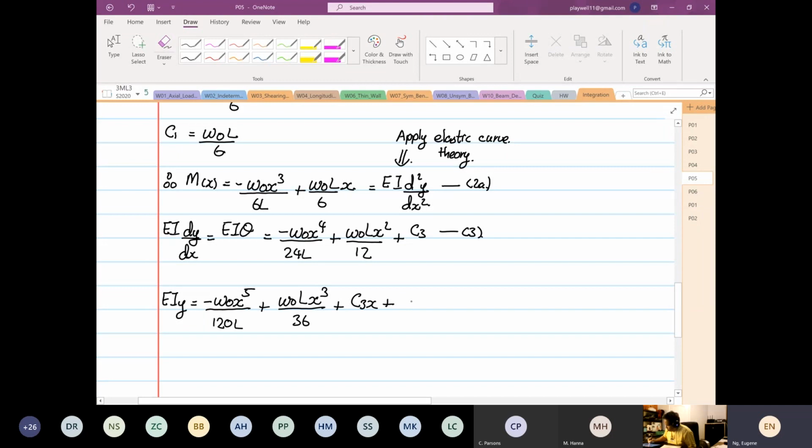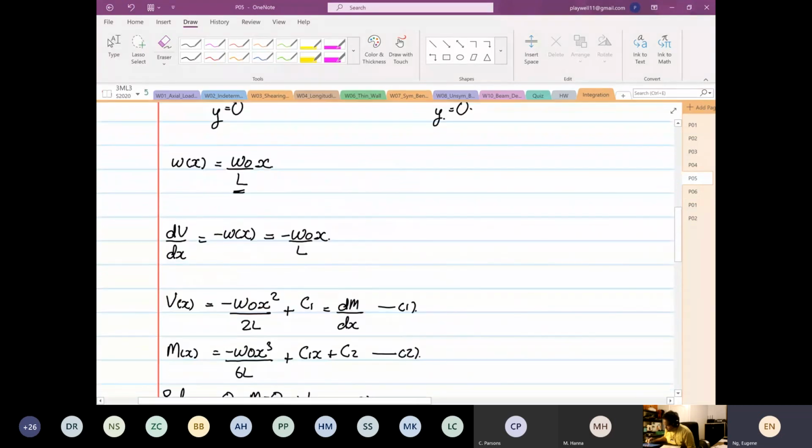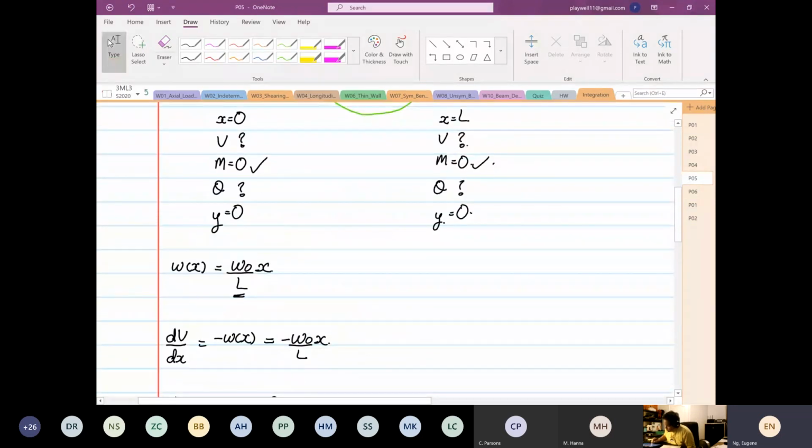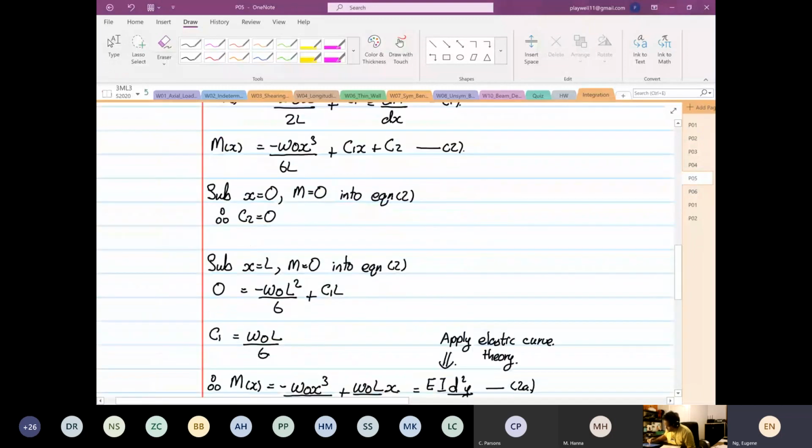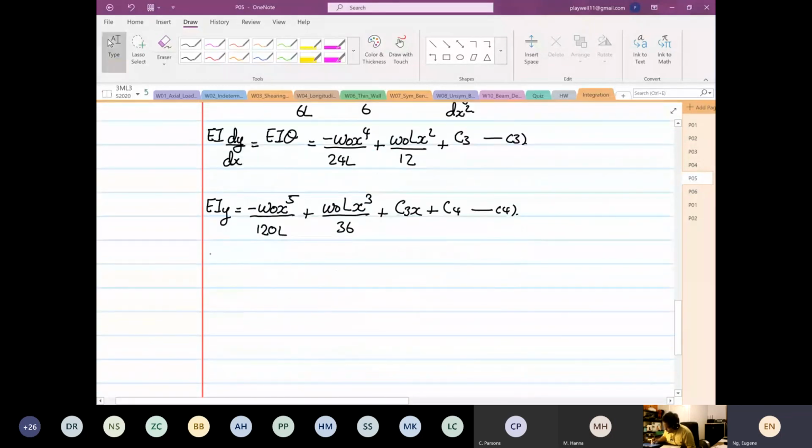For this expression, we realize that we can use the other two boundary conditions. When x is equal to 0, y is equal to 0. So we substitute that into equation 4.